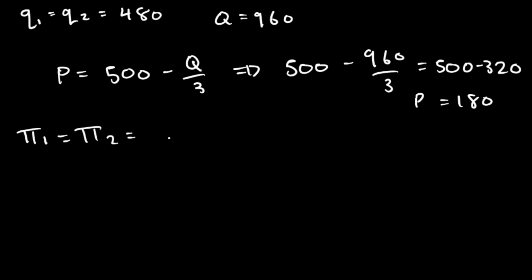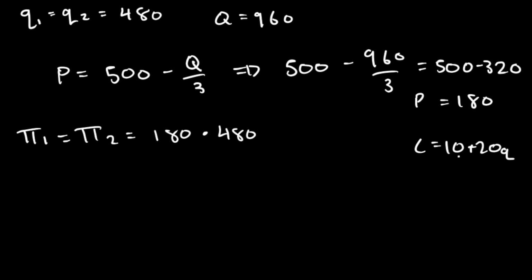So profits for firm 1, which is the same as profits for firm 2, is going to be price, which is 180, times the quantity that each firm produces, which is 480, minus the cost function. Let's remember our cost was equal to 10 plus 20Q.